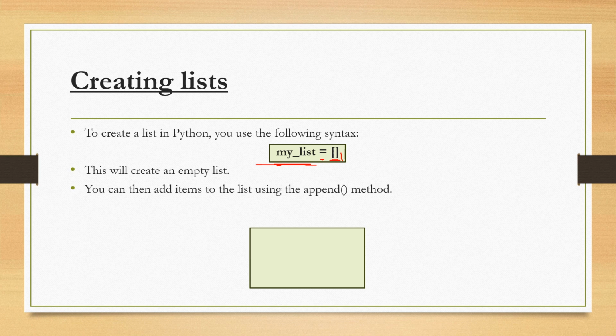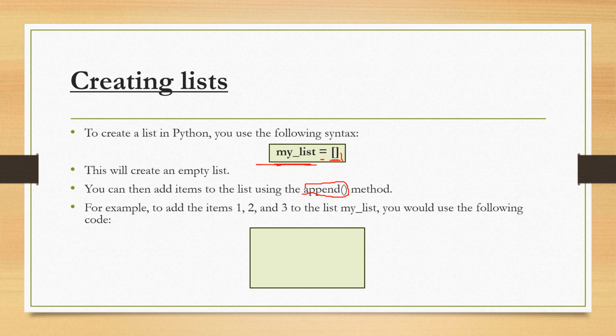Now you can add items to the list using the append method. This is the method which is used to add elements to the list. So append, and after that we give parentheses. For example, to add the items 1, 2 and 3 to my_list, you can use the following syntax.